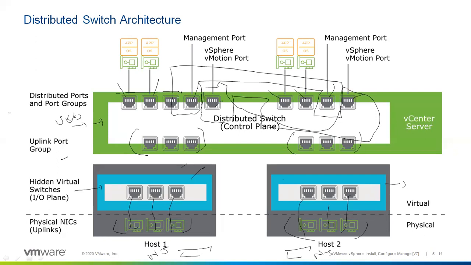There is another port group where all my VMs are defined. So for each type of traffic, whether that is virtual machine, there is a separate port group. Whether that is management, there is a separate port group. vMotion, there is a separate port group configured at the distributed switch level. Okay. Are we clear? Any doubt or any question?